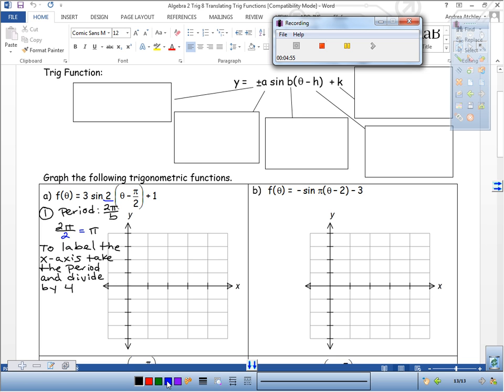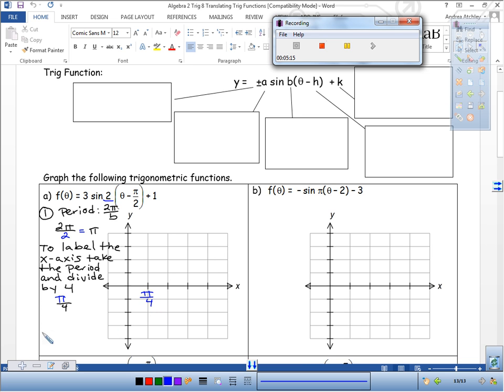So we have pi divided by 4, which is just pi over 4. Any questions over that? And so that's how I count by. I count by pi over 4s.